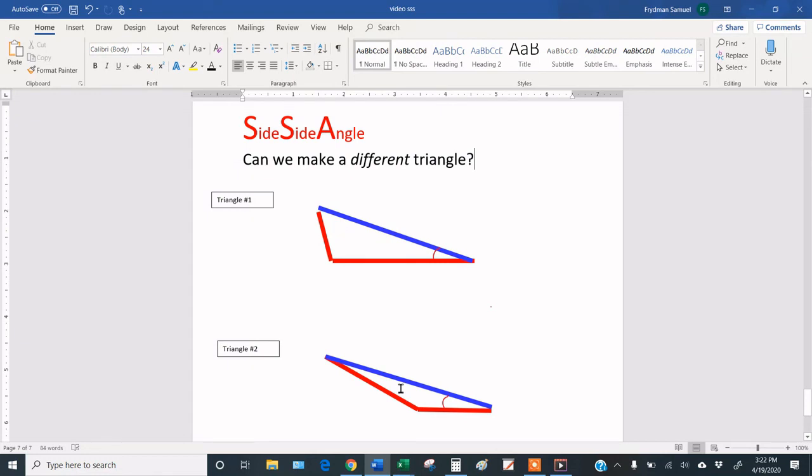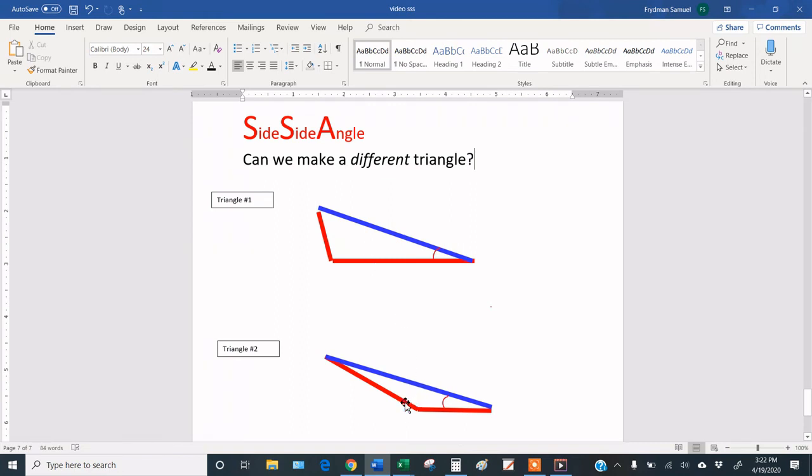So for this other triangle, I also have two locked sides and a locked angle. And I'm going to ask myself, can I make a different triangle with this one? Well, let's see if we can do the same trick that we did with the last triangle.